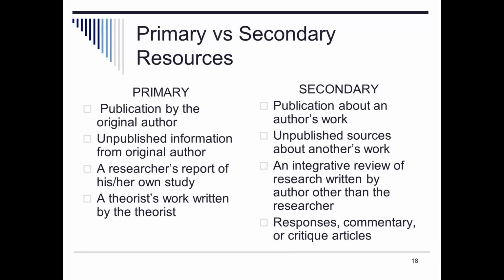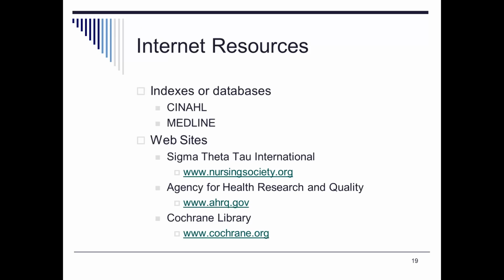While if someone writes about him, like in your psych book, your mental health book, which probably had Bandura mentioned, probably also Erikson in child development, when the books are writing about that person's work, then that's considered a secondary source. You might find it in a book itself, you might find it in an article, but when the person isn't actually writing, someone's writing about that, that's a secondary source.